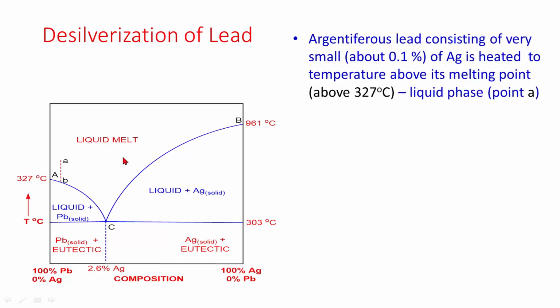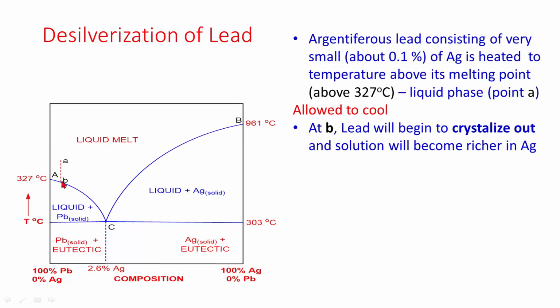Argentiferous lead contains a very small amount, that is 0.1%, of silver. If argentiferous lead containing a very small amount of silver is heated above 327 degrees centigrade, it will form a liquid, and when it is allowed to cool at point B, lead will crystallize out and the solution will become richer in silver.